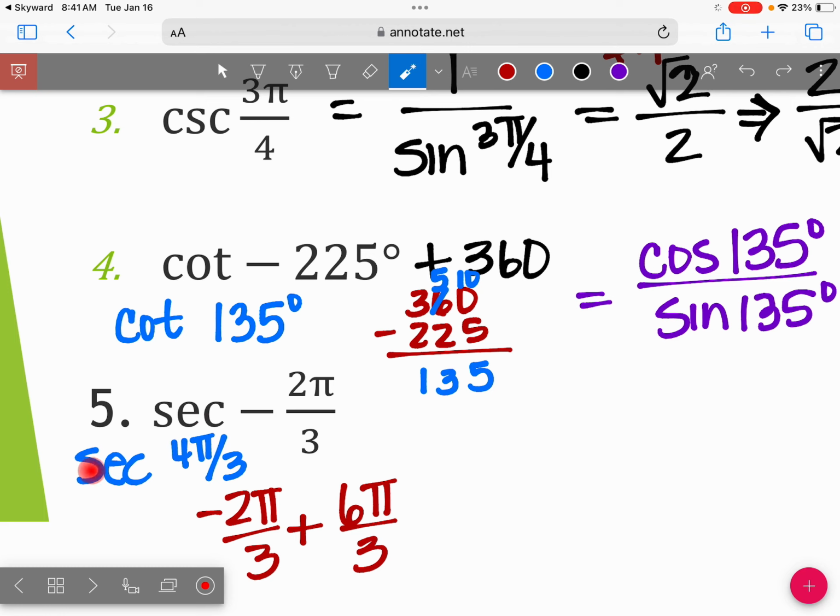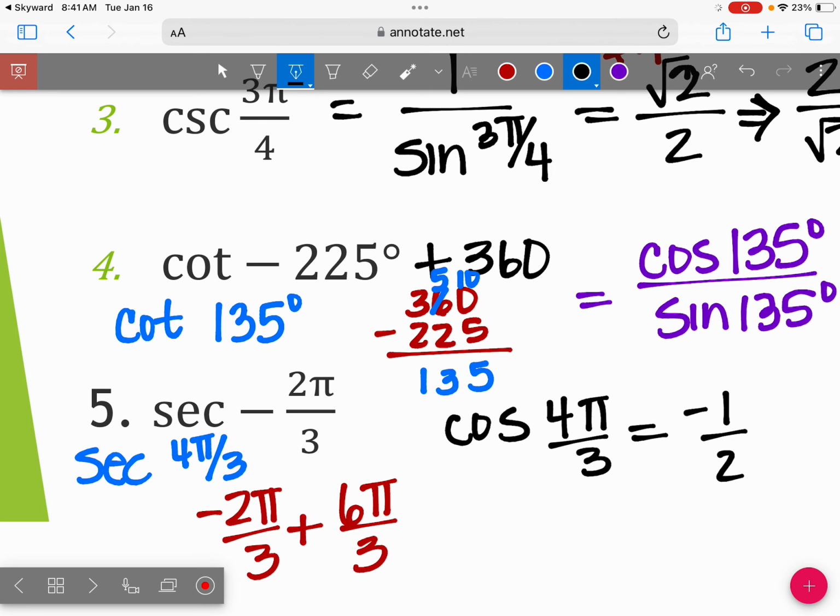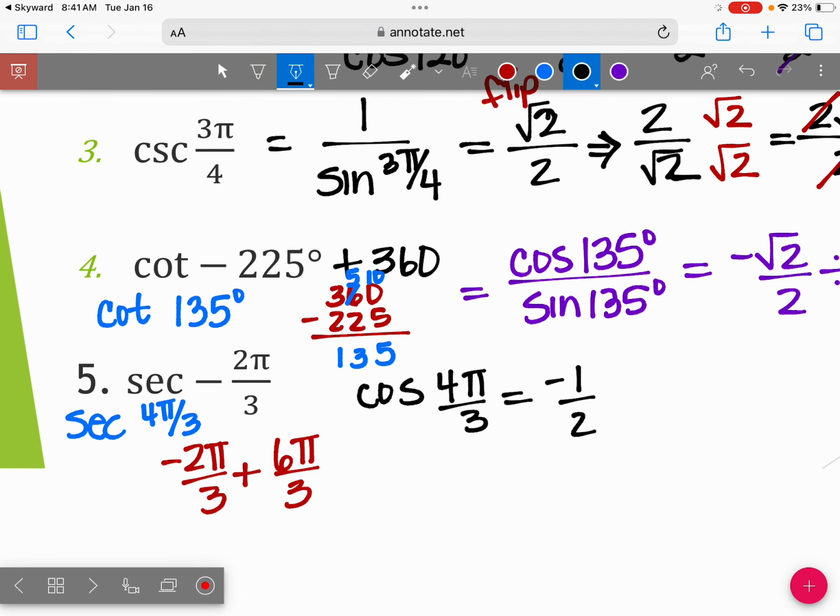And who is the sister to secant? Cosine. So I know that I'm really looking for the cosine on the unit circle. I'm going to take the cosine of 4 pi over 3, and I'm going to flip that. So the cosine of 4 pi over 3 is what? Negative 1/2, but I need to find the secant.